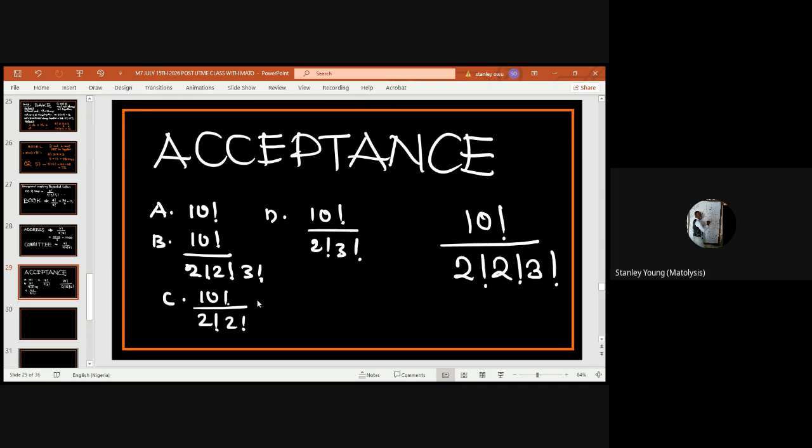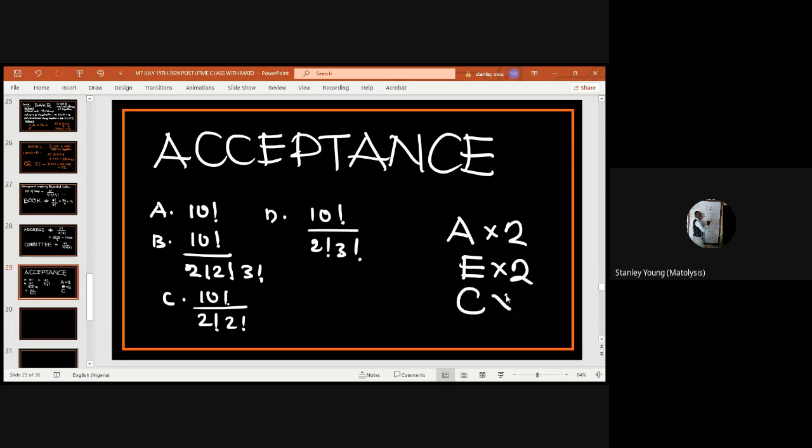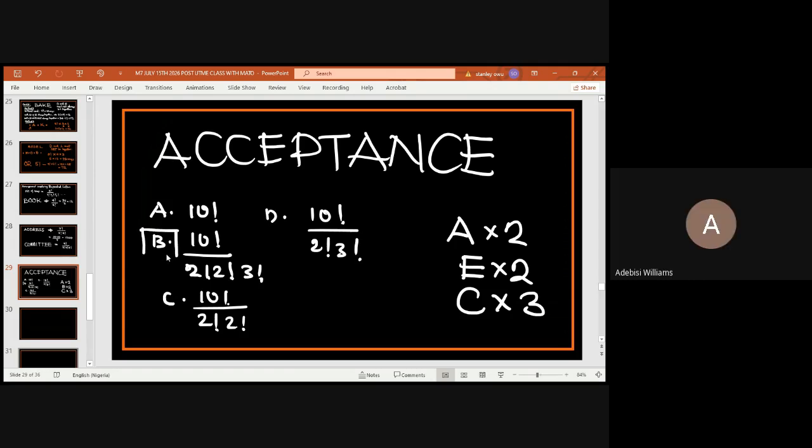Aside from A, E was repeated. What else was repeated? C. Wait, tell me. A came how many times? Twice. Okay, E came how many times? Twice. And C how many times? Three times. Okay, you're right. So the answer is option B.